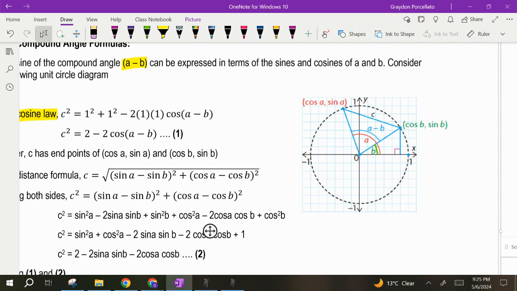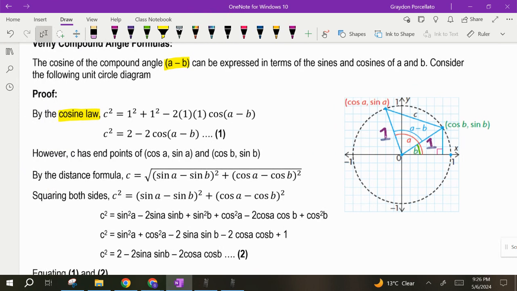Because this is a unit circle, it knows that the side lengths of your triangle, this side here is 1, and this side here is 1. It uses those ideas in the cosine law.